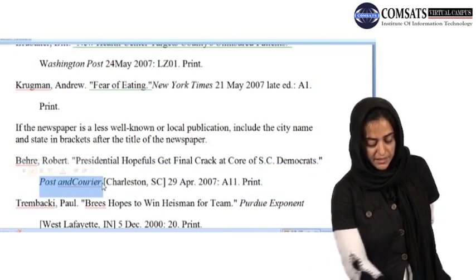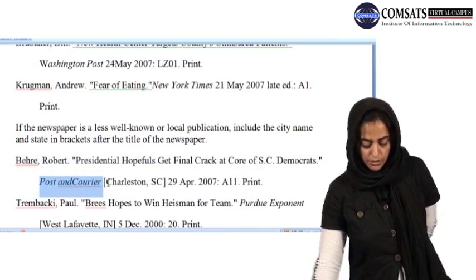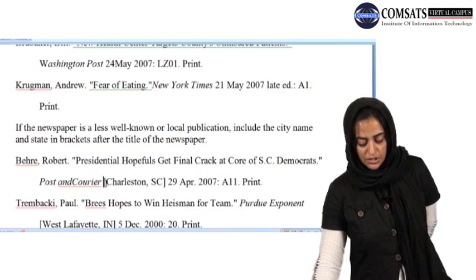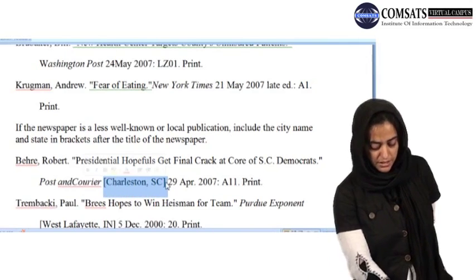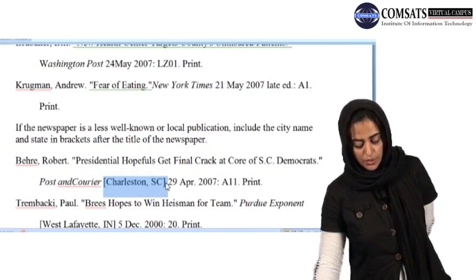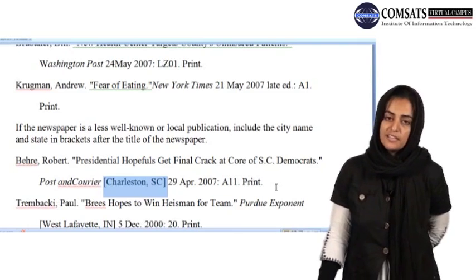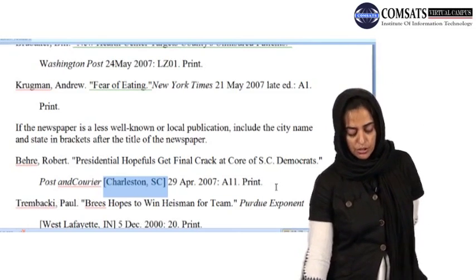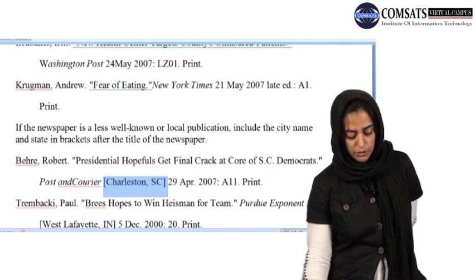But if you feel that this newspaper is not well known or it is a local publication, then you can add the name of the city and state in brackets after the name of the newspaper, and over here it's Charleston, comma, SC, the state's name. Then 29 April 2001, then colon, A11, the page number, and then the medium of publication, that is print, in front of you on the screen, dear students. Kindly have a look.